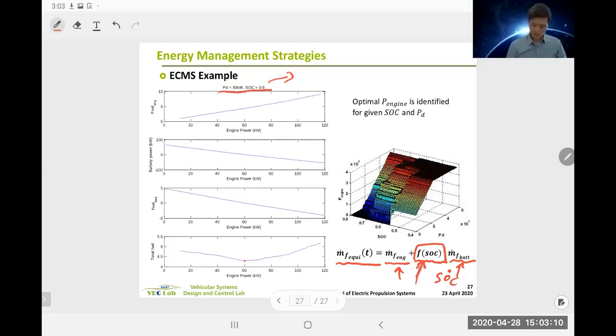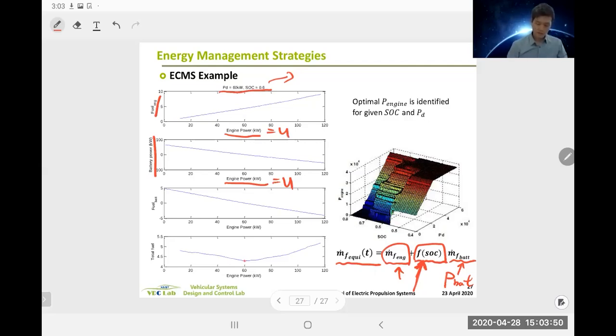So we can put all the coefficients in here, and this can be SOC dot, or let's put it this way, battery power. Okay. And now this is battery power as a function of engine power, which is the control input. And this term is this one as a function of U.